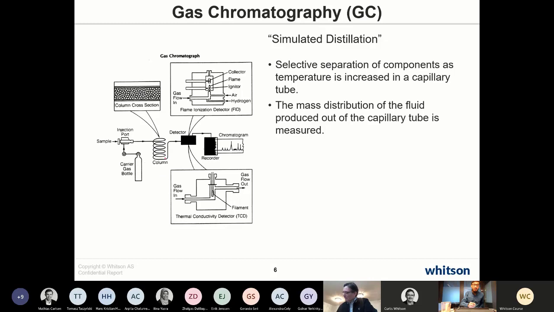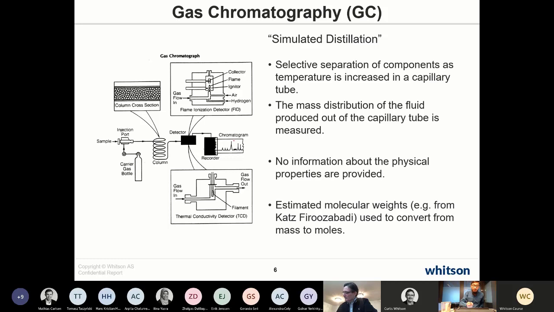As we increase the temperature, the different components, based on their boiling point, start flowing towards the detector, and we get a chromatogram, which we analyze and calculate the areas of each peak, which relates to either moles or the mass of the different components present.